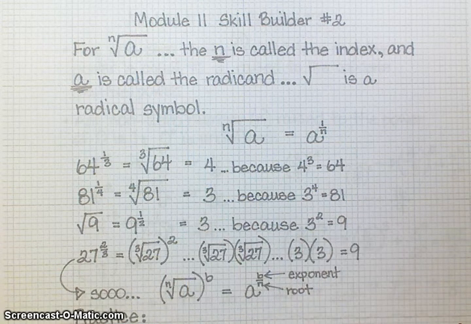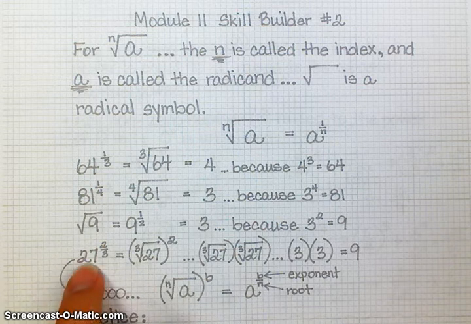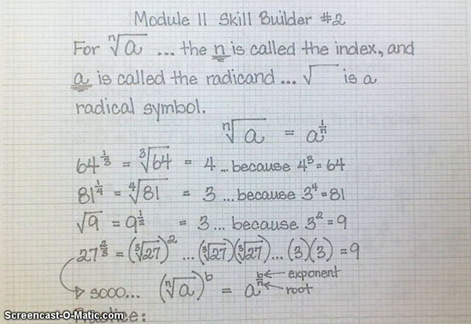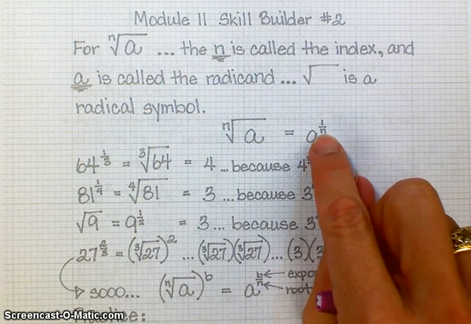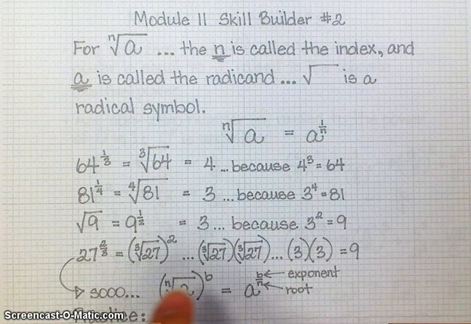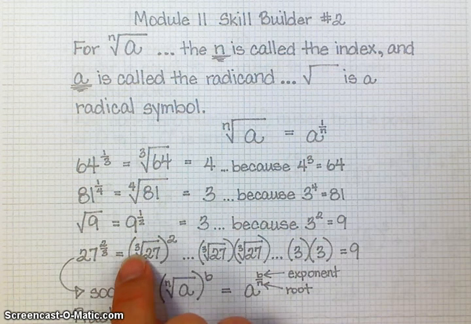Now, it gets a little bit more complicated, but it's really not too bad. Let's take 27 to the 2/3 power. Well, the denominator tells you the root that you're going to take. So we're going to take the 3rd root of 27, meaning we're going to cube root it.